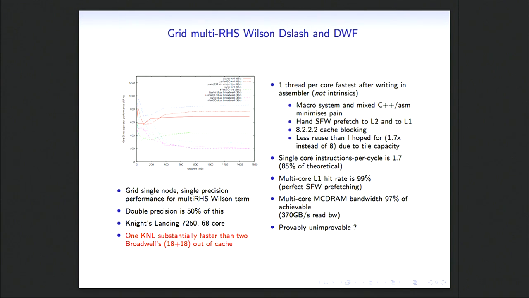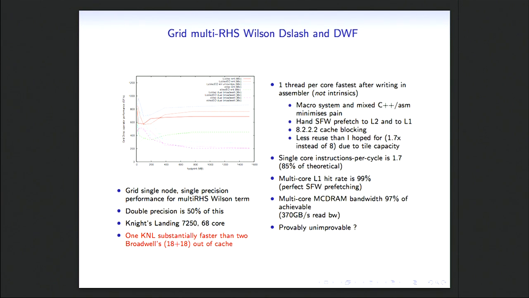I'm having to hand software prefetch to L2 and from L2 into L1, in addition to having the hardware prefetch enabled. I'm using an 8-2-2-2-2 cache blocking in order to get the maximum reuse within an L2 tile that I can get. I had hoped for more, but I'm only getting a 1.7x reuse in the L2 tile because the tile capacity is so small.